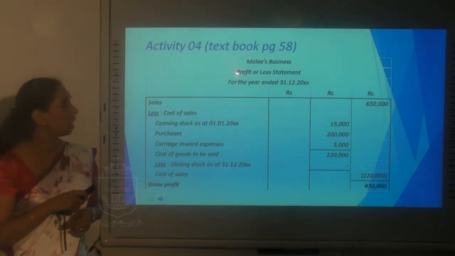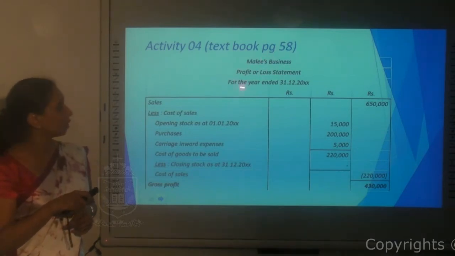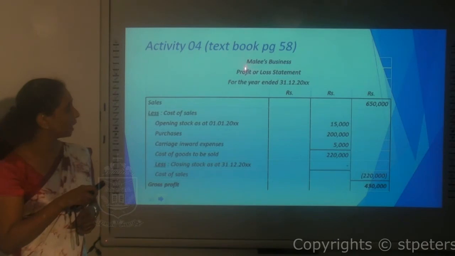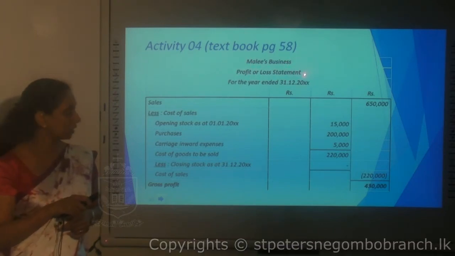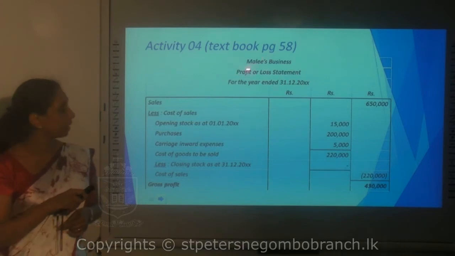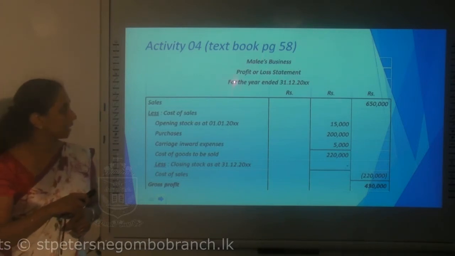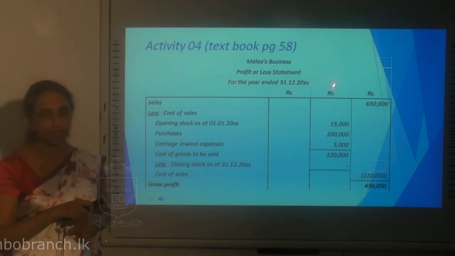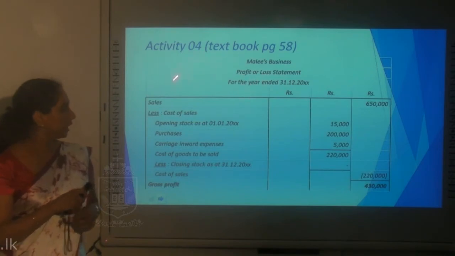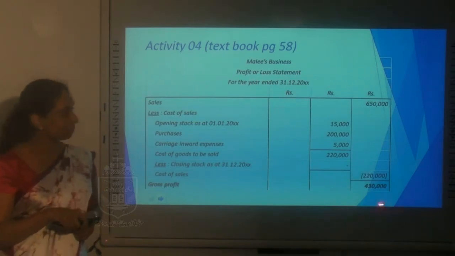So in that case, what is the first thing you have to do? You have to tell whose business this profit or loss statement belongs to, and it is Mali's business, and this statement is the profit or loss statement, and for which period this business is preparing this statement. That is for the year ended 31st December and the particular year is given. Then you have to draw the format, mark the columns properly.